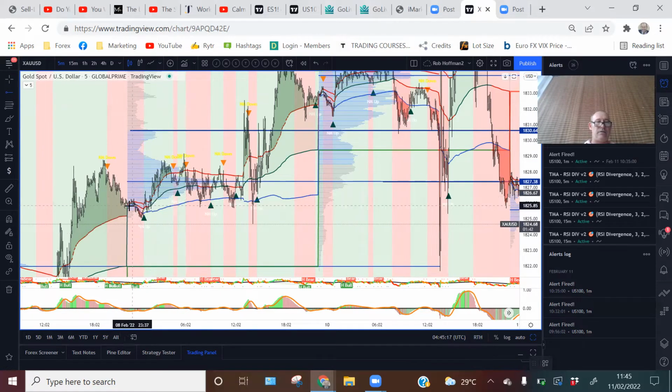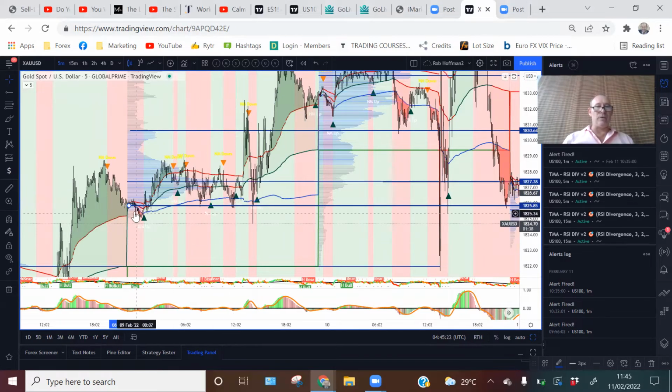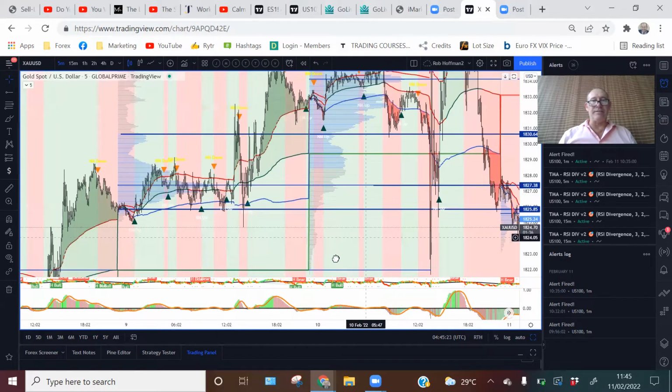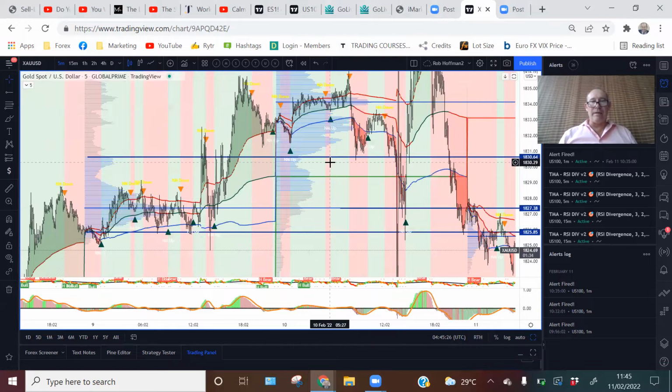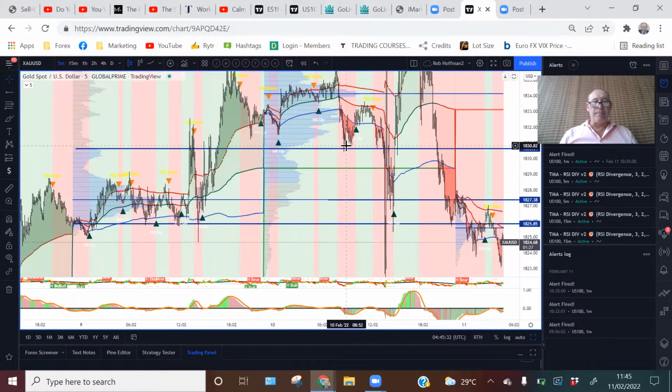I have to double check about the tide here, but that's the value area low just there, the previous day. So it bounced off it during the session, and I said to David and others watching, it is a long way to go to the target, especially as it started going back up on the live session.